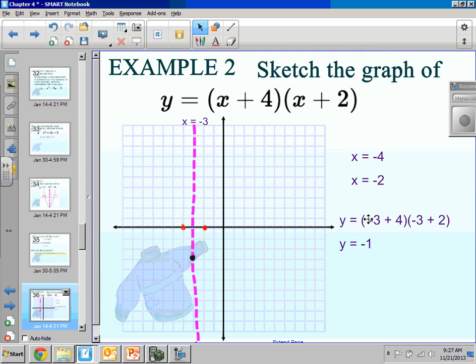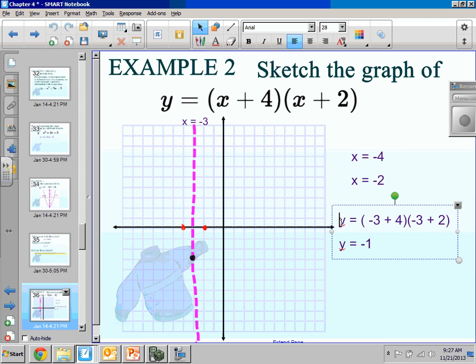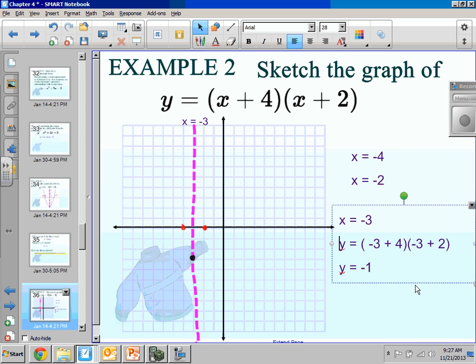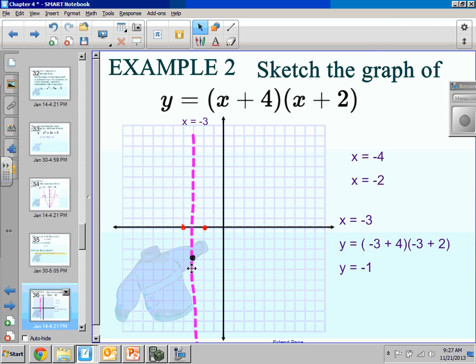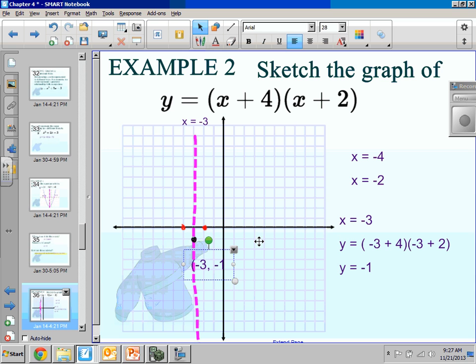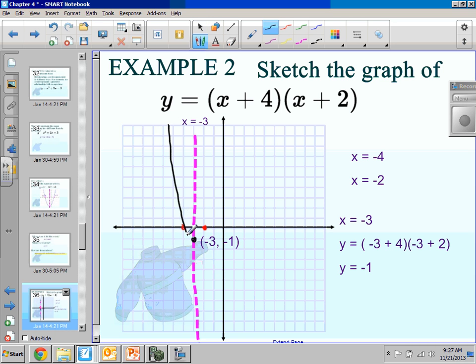So for an x value of -3, if I substitute that in, I get a y value of -1, which means my vertex is at -3, -1. Now, if I know my intercepts and I know my vertex, I can write a pretty accurate equation. So now I'm going to grab my pen and graph this.